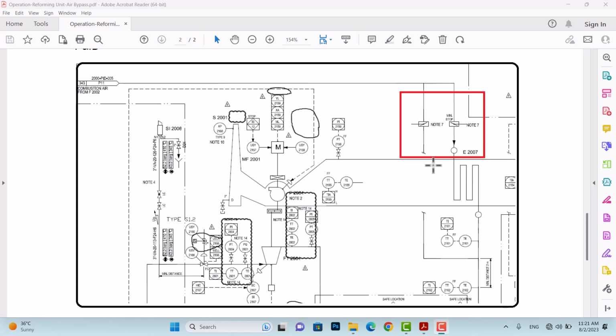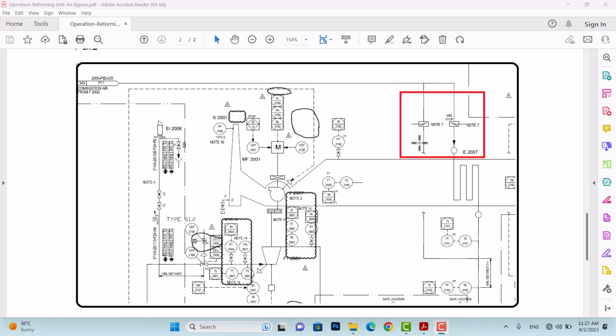So it carries some of the heat with itself, and over time the temperature at the outlet increases above 150 degrees Celsius, and it fulfills the specification. That's the reason why we use the combustion air bypass valve during a startup of fire heaters.